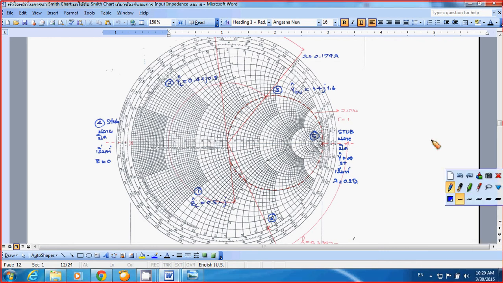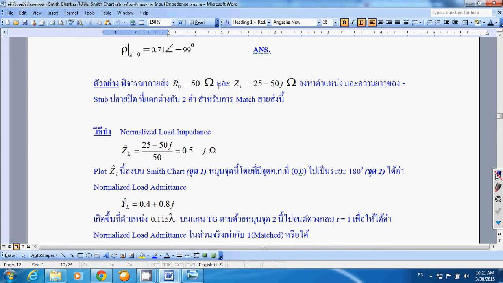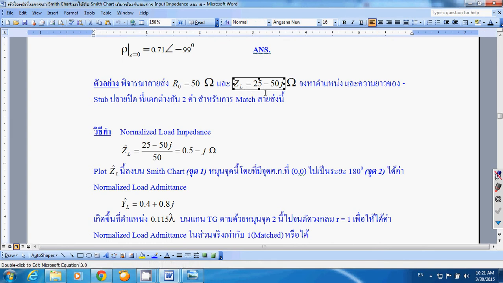Well, we start with the whole system with the Z0 equal to, what? 50 ohms, and your ZL equal to 25 minus 50j ohms, and you have a ZL normalized to be 0.5 minus j.